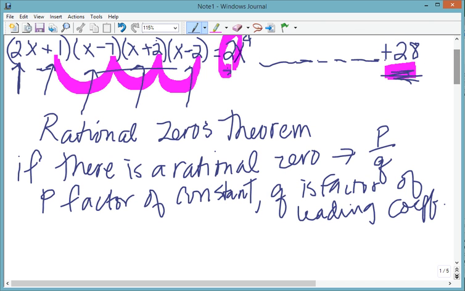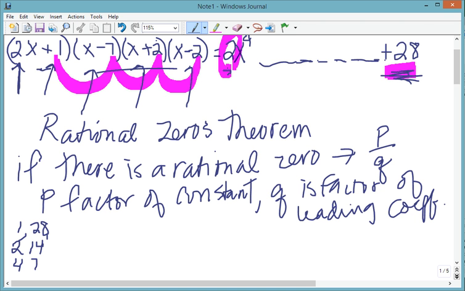Using this theorem, the factors of 28 would be 1 and 28, 2 and 14, 4 and 7. Those are all the factors, but they could be plus or minus, positive or negative.